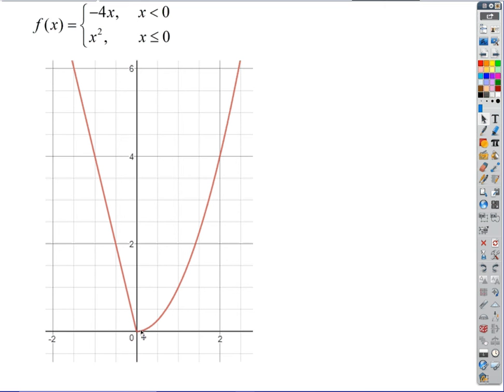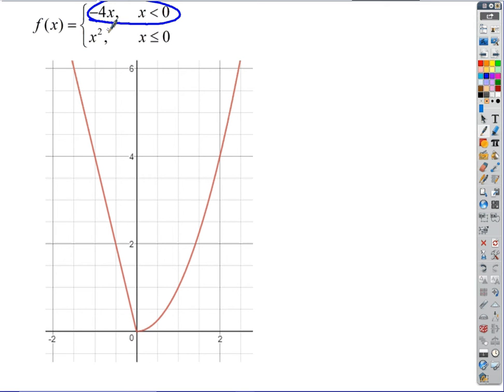Could you have a piecewise function that would knit together in a way where the derivative would be defined? What do you think? How could I change this piece of the function right here to turn this into a function that is differentiable at 0?